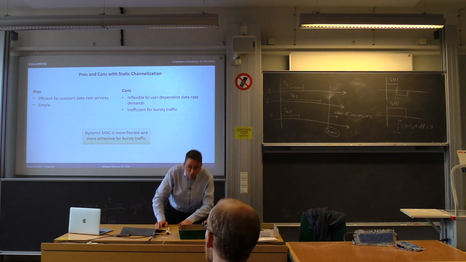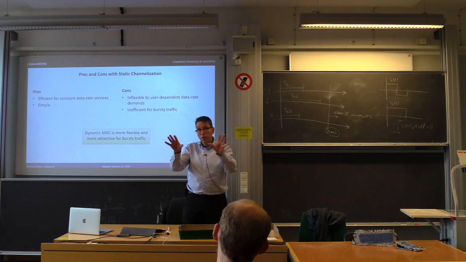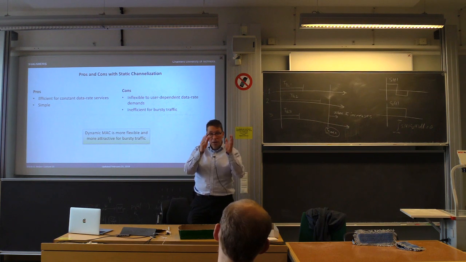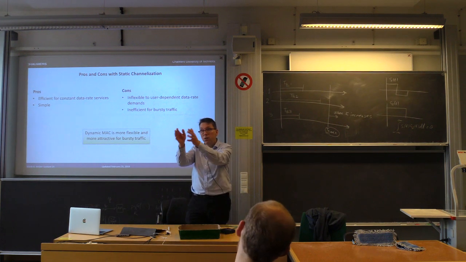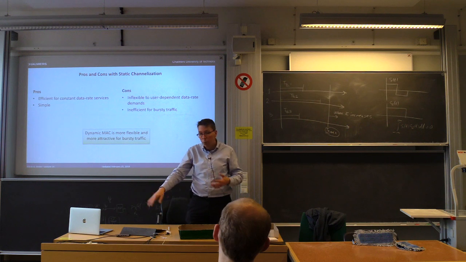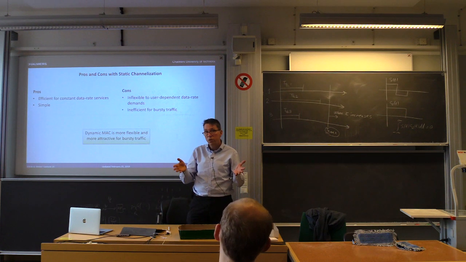So for instance, if you all were stations that needed to share the medium and you had exactly the same number of bits per second that you would like to transmit, one efficient way to do this would be TDMA, like you get one time slot each and so forth, and you keep on doing this. It's the fixed channelization scheme. However, data traffic, web browsing and so forth are generally very bursty.